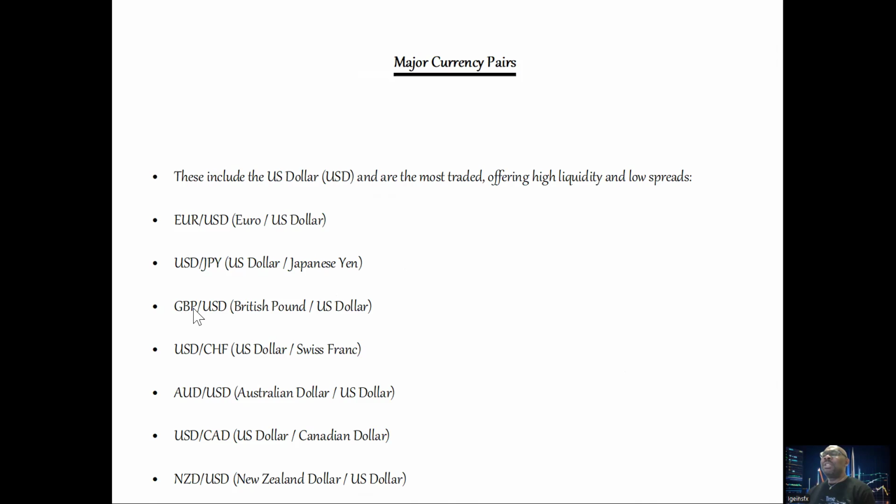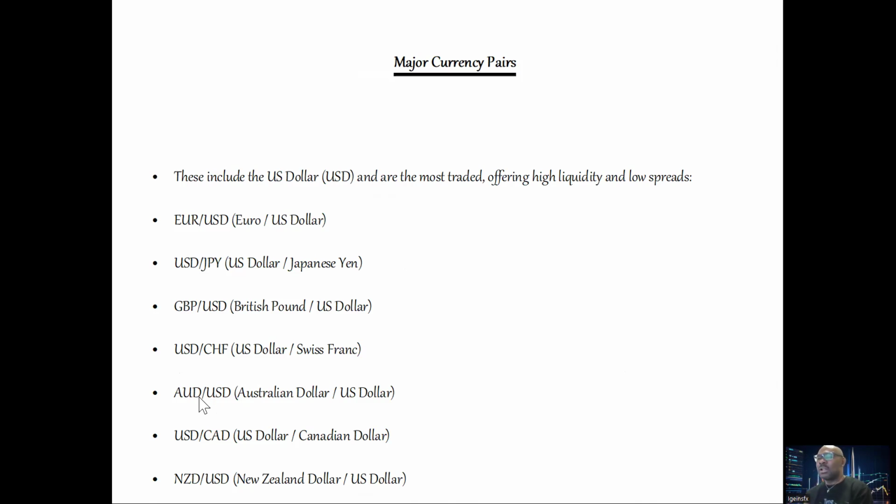We have the GBP/USD, that is the British pound and US dollar. We have the USD/CHF, that is US dollar and Swiss franc. We have AUD/USD, that is Australian dollar and US dollar. All these are country currencies. So if you want to trade any country currency, this is how you are going to pair them.